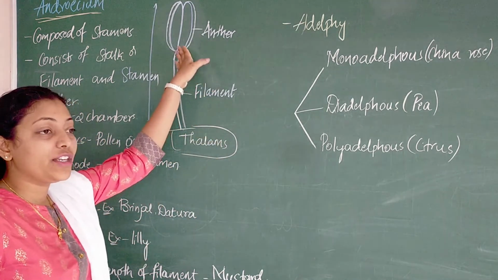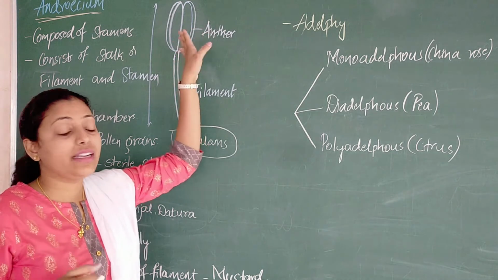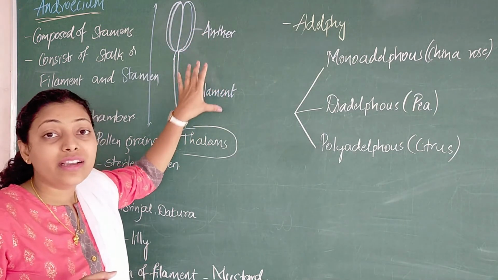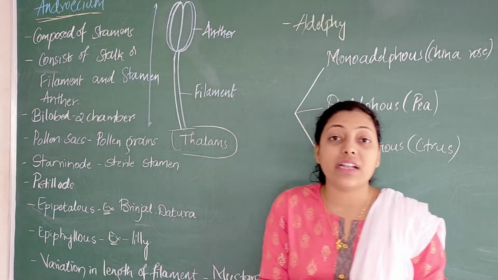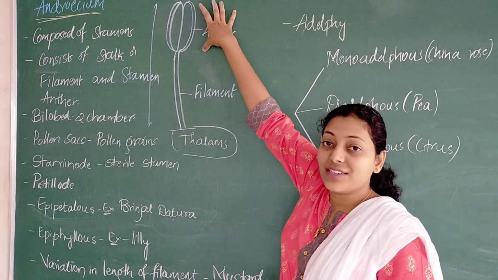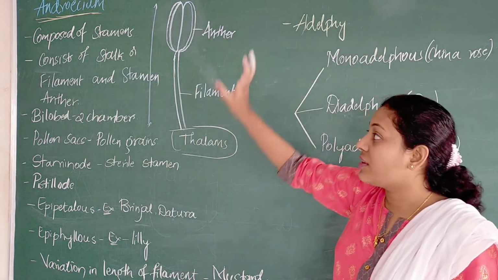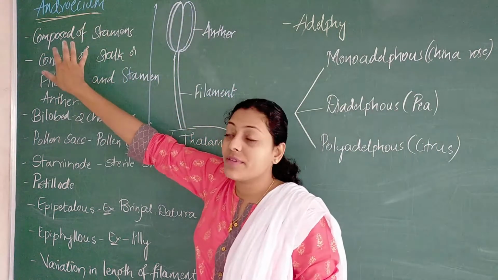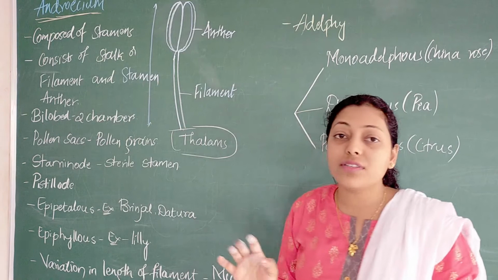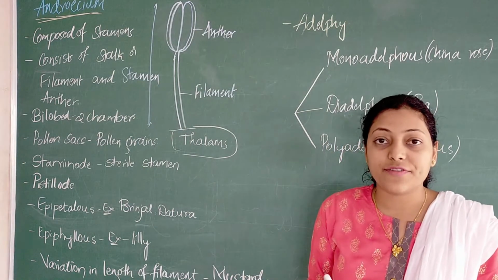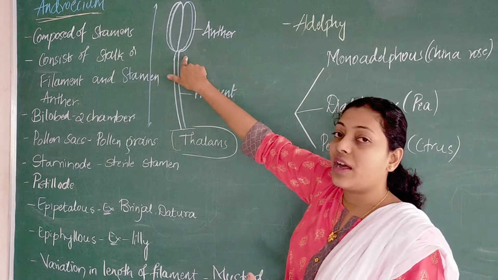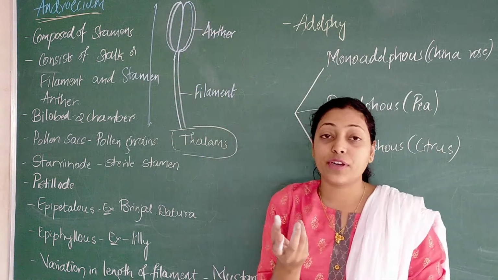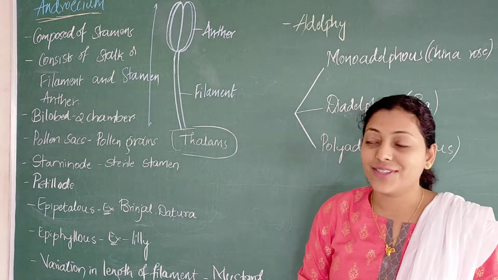The upper part which moves upwards is called the filament or stalk. And then the end parts, which are the reproductive units, are called anthers. Make sure that androecium is basically composed of stamens, and each stamen in turn consists of a stalk or filament and a unit of reproductive structures called anthers.